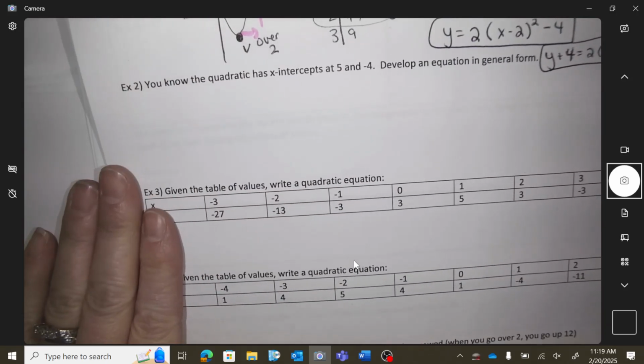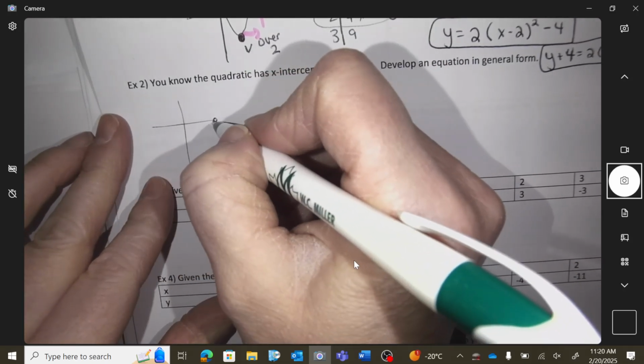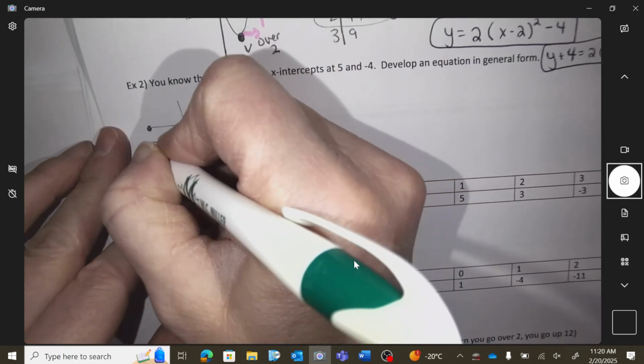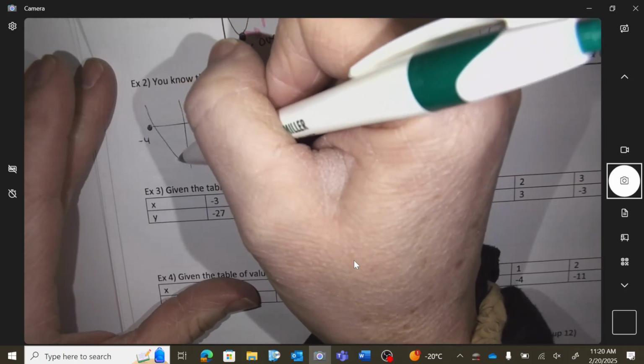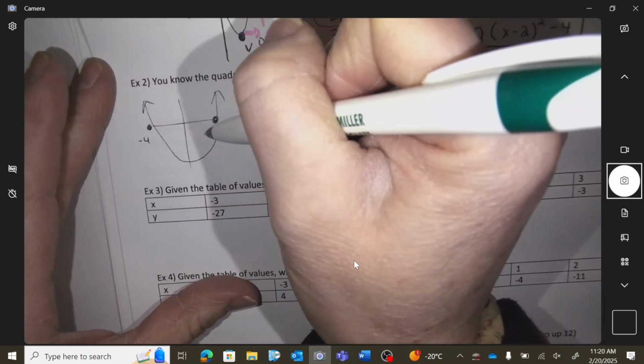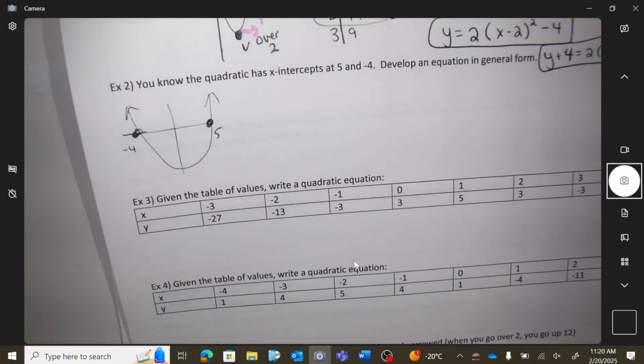Okay, we know that a quadratic has x-intercepts at 5 and at -4. So it could look like whatever. This is what's visually going on. They have x-intercepts going on.